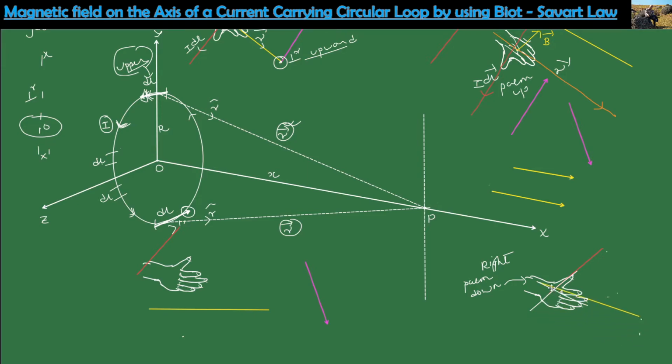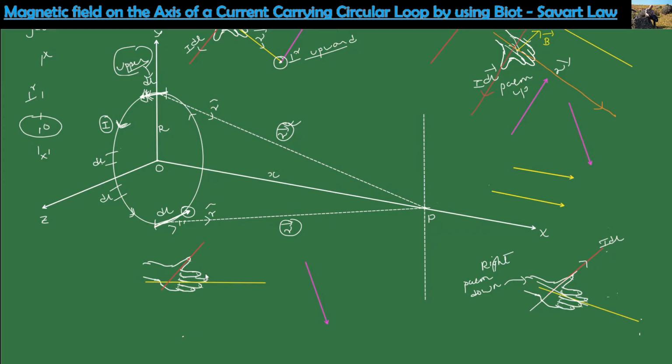And this yellow vector will indicate the direction of our radius vector. So from here, this is our IDL vector pointing in this direction. Similarly over here also, this will be the direction of our IDL vector, and the outstretched fingers are in the direction of your R bar.